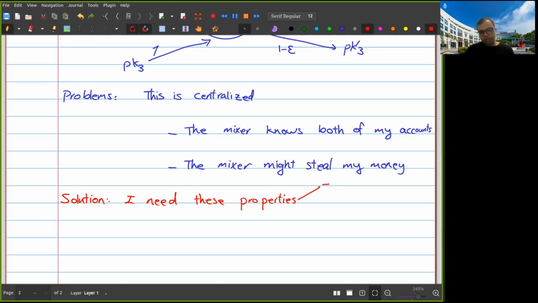The first property I need is trustlessness. I want to make sure that the mixer cannot keep my money. And then the other property that I'd like to have is, of course, privacy from the mixer.